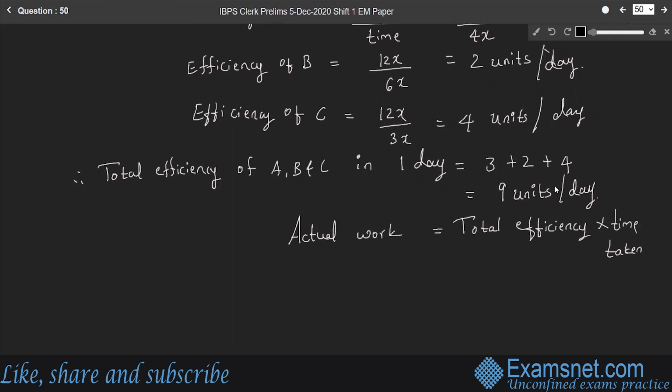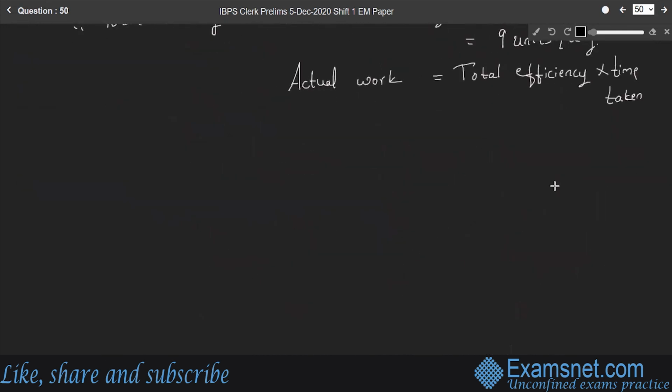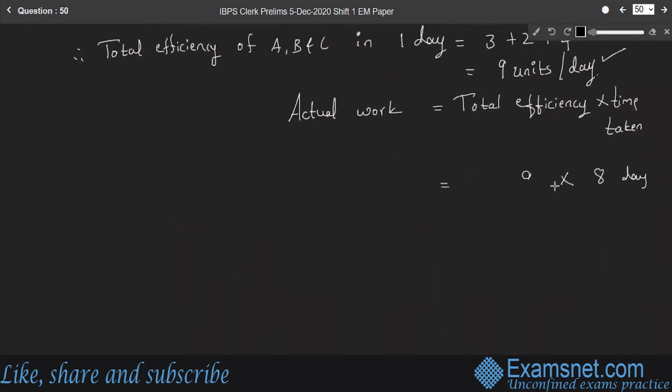So here actual work done by A, B, and C. They together complete a work in 8 days, so time taken by A, B, and C together is 8 days and their total efficiency in one day is 9 units per day. Therefore, actual work is efficiency into time. So 9 into 8 is 72 units. So actual work is 72 units.